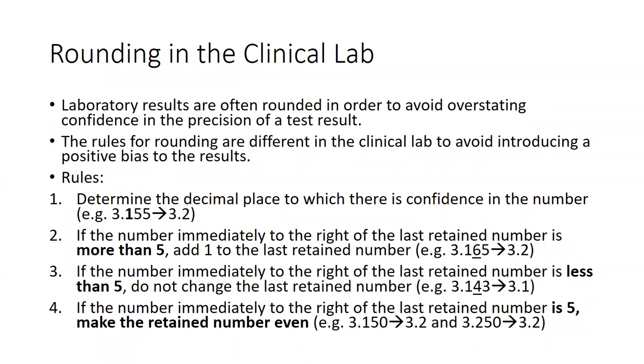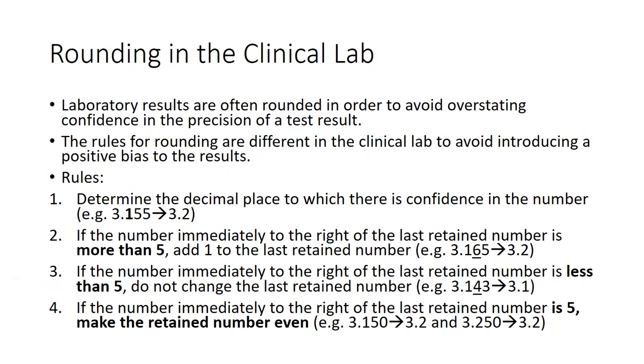Okay, so in terms of rounding rules, these are ones that you should be familiar with. If the number immediately to the right of the last retained number, which is the one underlined right here, this 6, is more than 5, you're going to add 1 to the retained number. So you're going to round up. So 3.165 becomes 3.2. This is what you should be used to doing in math class.